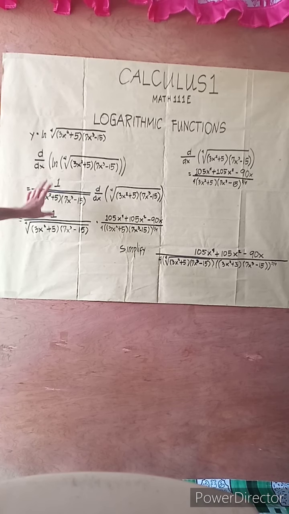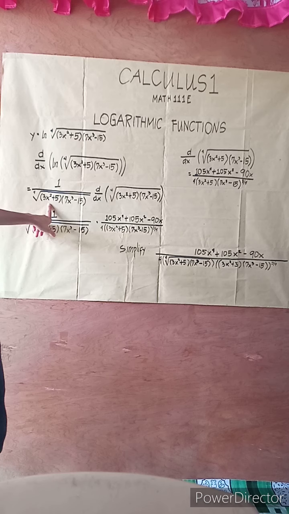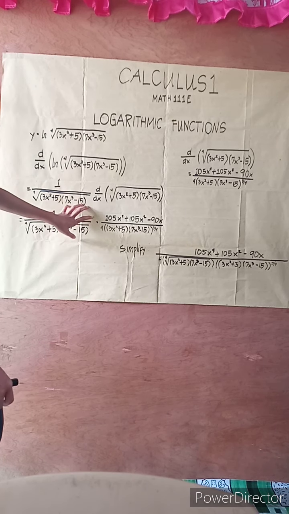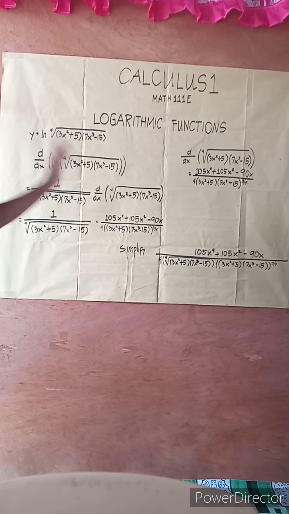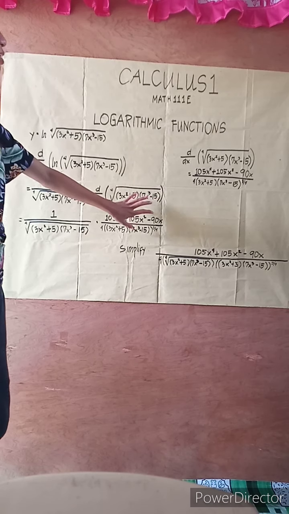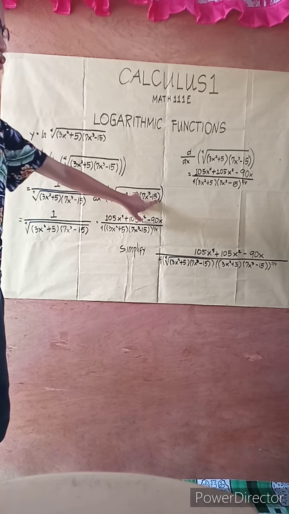So 1 over the fourth root of (3x squared plus 5)(7x cubed minus 15), and we will find the derivative of the fourth root of (3x squared plus 5)(7x cubed minus 15).